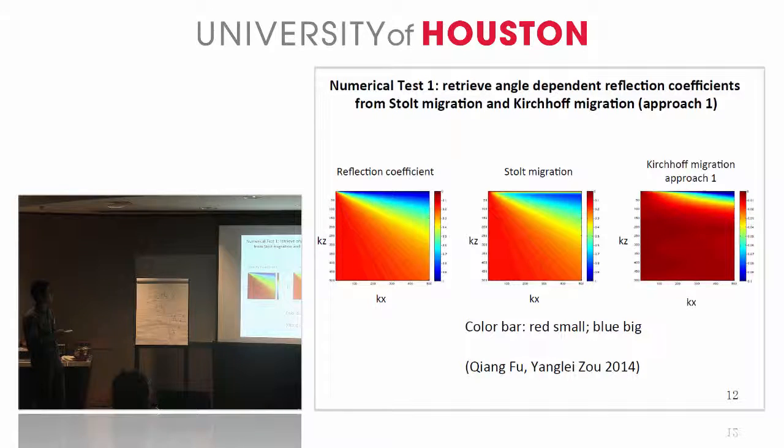That is due to the instability at the small kz. And the figure on the right shows the Kirchhoff migration result. And we can say it does not give us nothing, but it's not as good as the Stolt migration, which is Claerbout III.